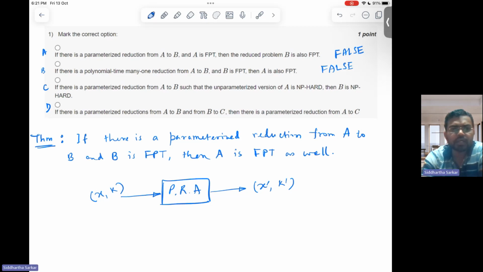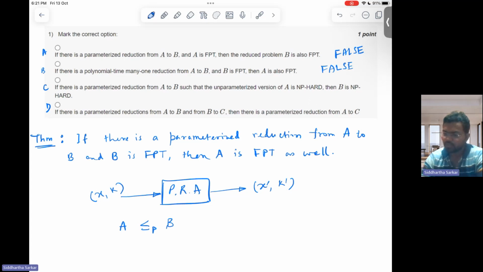So if there is a parameterized reduction from A to B such that the unparameterized version of A is NP-hard, then B is NP-hard. In the standard notion of reduction, if we have a polynomial time reduction algorithm from a problem A to a problem B, and A is an NP-hard problem, then B turns out to be an NP-hard problem. But in this case, they're saying that you have a parameterized reduction.